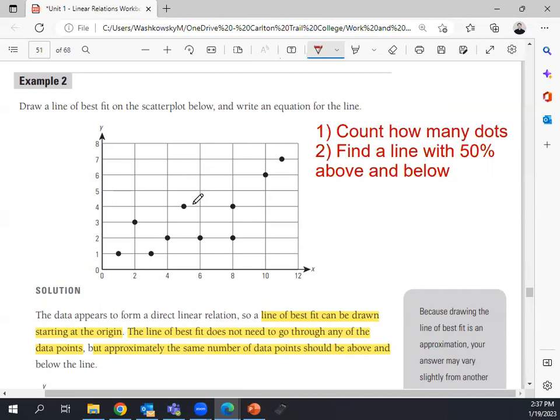It's your best guess. What you normally want to do, and I apologize, Lindsay, you can't really do this right now, is take your ruler and explore, try and find something that looks about right. Count how many you have above it. Oh, I have 4 or 5 above it. Good enough. Everyone's going to look a little bit different, and that's okay.